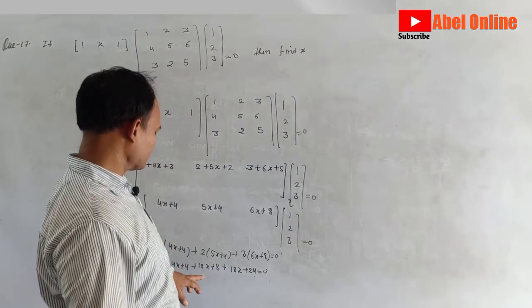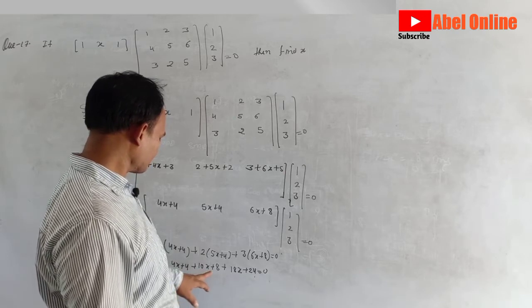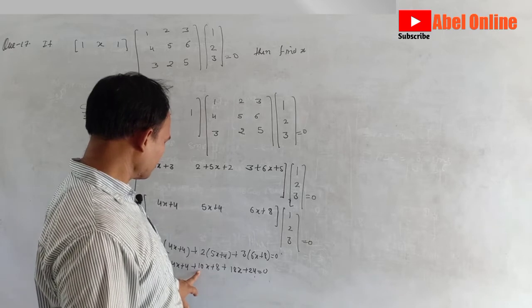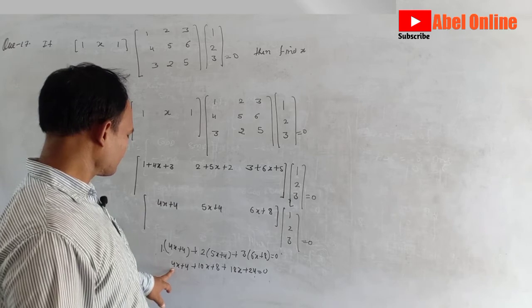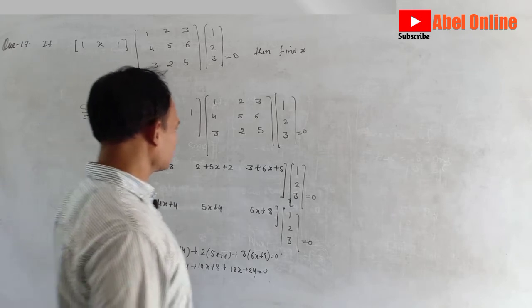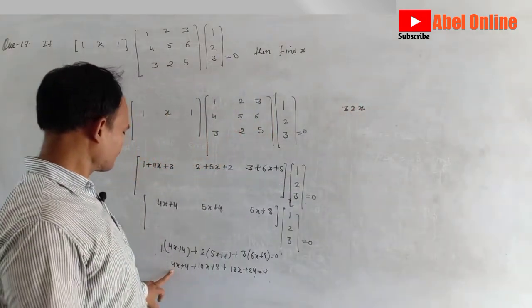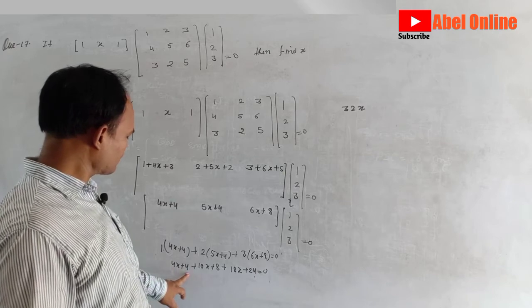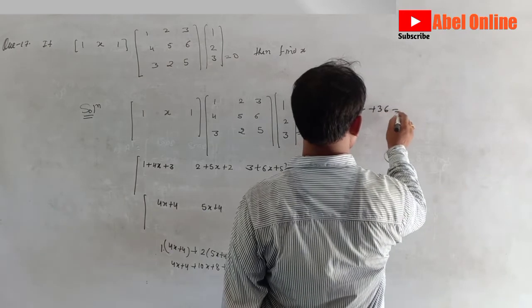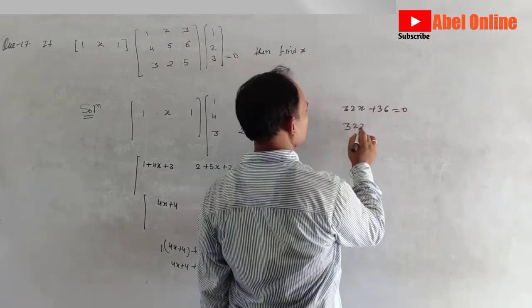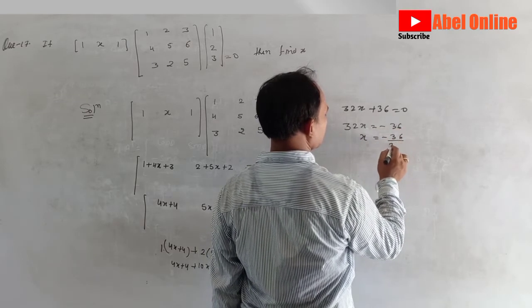Now 4x plus 10x plus 18x is 32x, and 4 plus 8 is 12, plus 24 is 36, equals 0. So 32x equals minus 36, and the value of x is minus 36 upon 32.